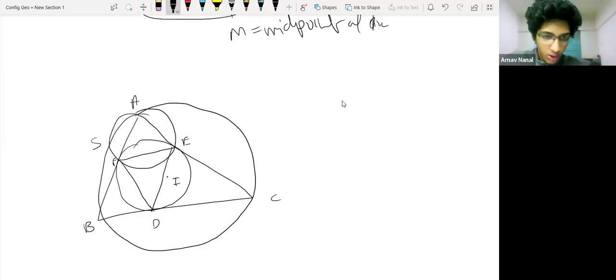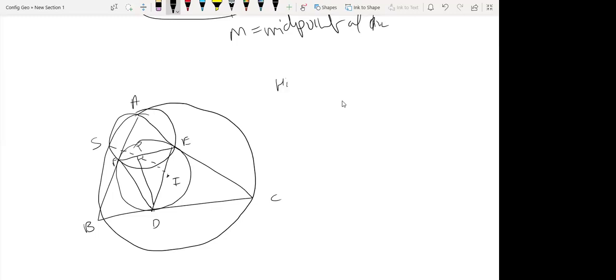If you draw the perpendicular from D to EF, let's name this P, then S, P, and I are collinear. Okay, I'll give you 5 minutes to prove this. Try this. Hint: use inversion. I remember proving this for a problem. I think I used inversion.